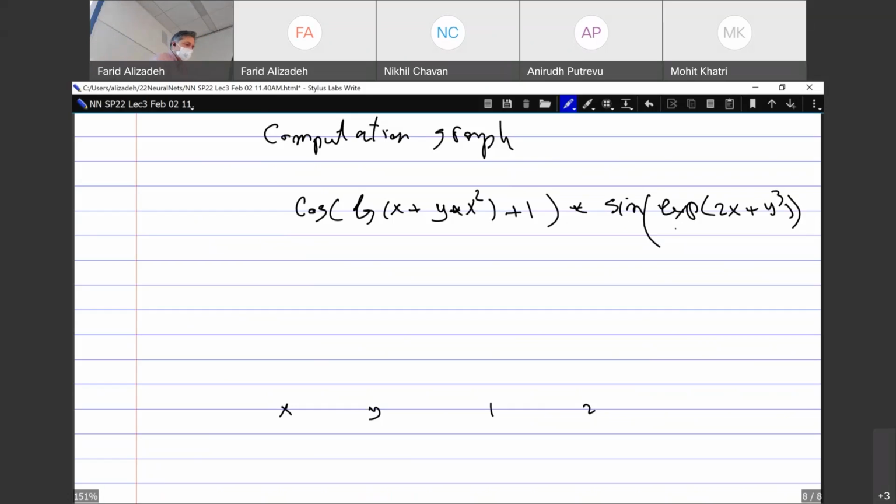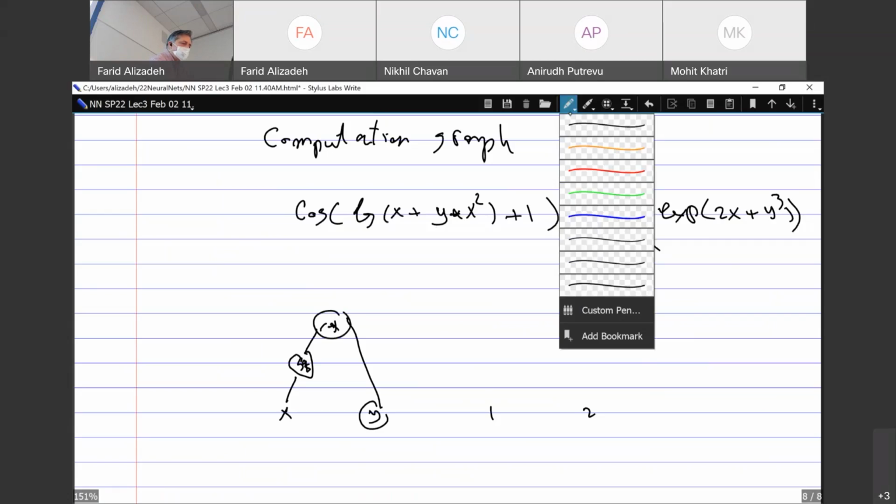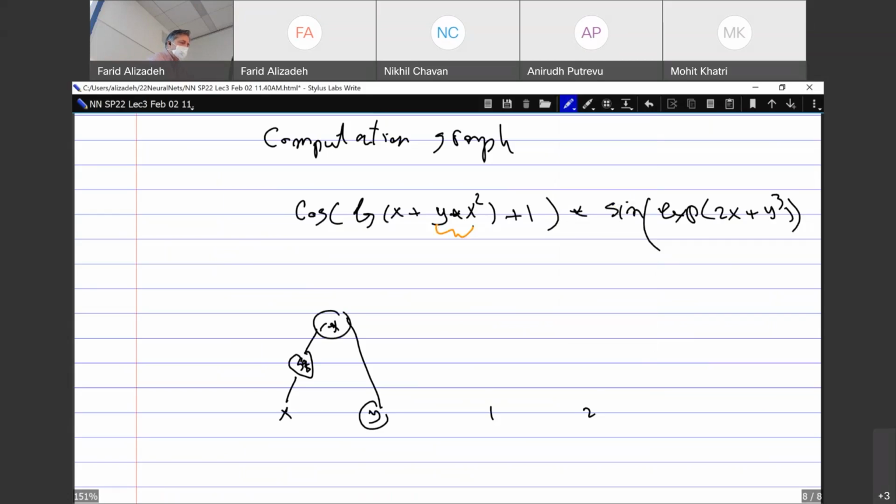Okay, so then I need an x squared, so I go to square. This is a unary function. x squared is a unary function. Then there is a multiplication. That's a binary function. So I multiply these, and that gives me this.